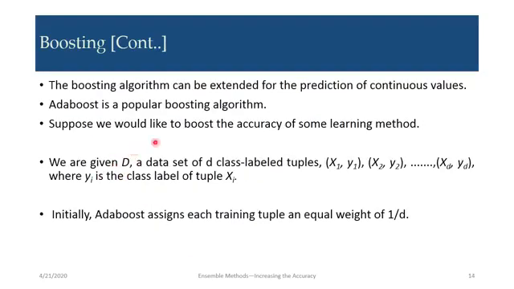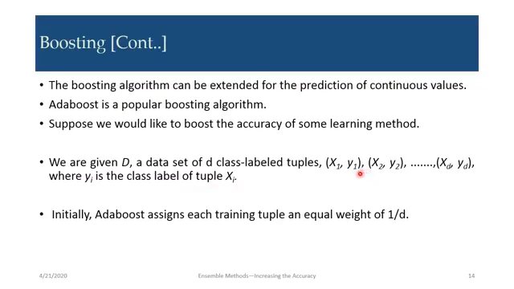Now the boosting algorithm can be extended for the prediction of continuous values. So here boosting can be used for continuous valued functions. AdaBoost is a popular boosting algorithm. Suppose we would like to boost the accuracy of some learning method. We are given a dataset D of class-labeled tuples (x1, y1), (x2, y2), up to (xd, yd), where d is the number of tuples and yi is the class label for the tuple xi.